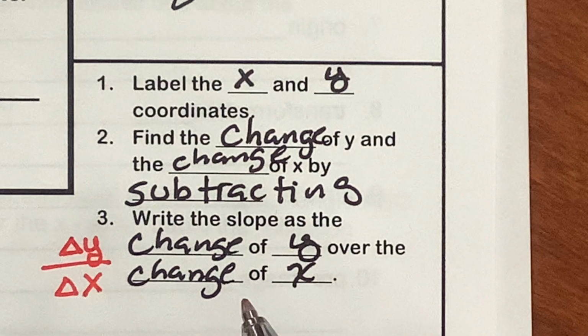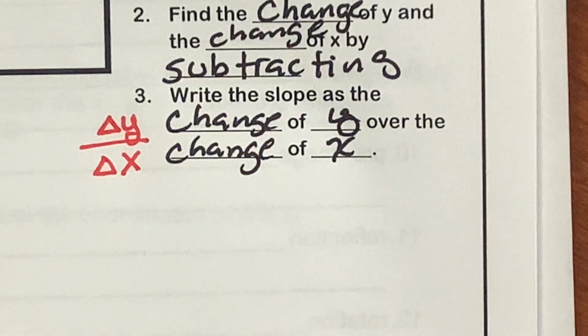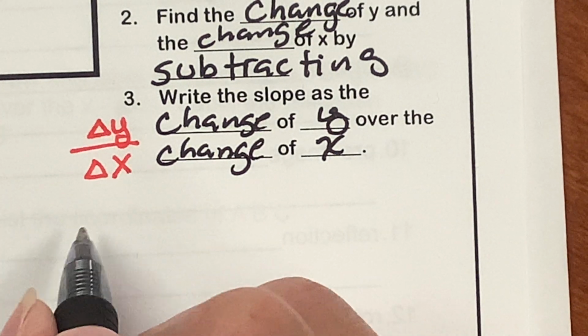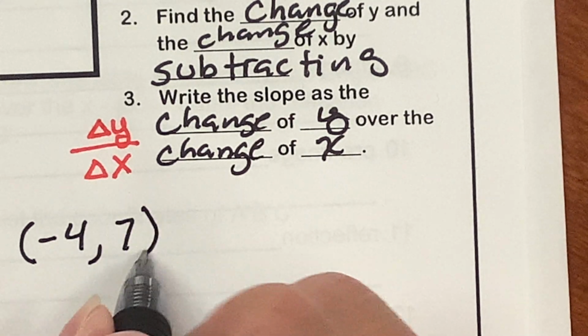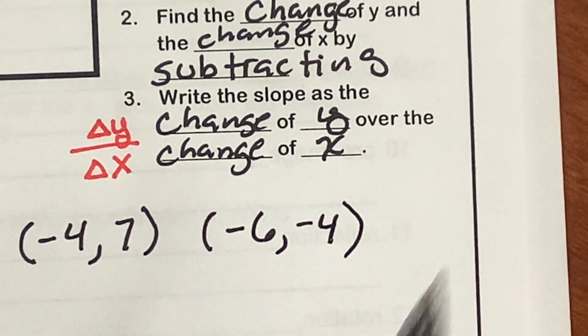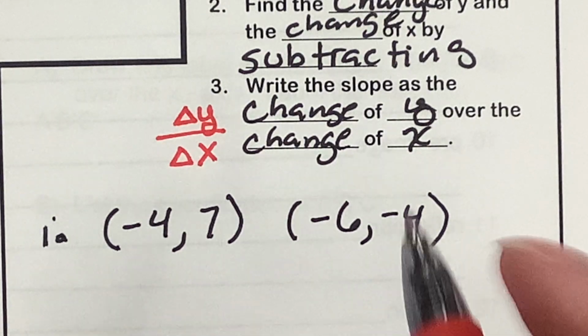All right, now if I give you a couple of points, let's find that. We'll just do 2 of them, okay? We'll start with number 1, and we'll use negative 4, 7, and negative 6, negative 4. So much negativity. So let's label x and y first.